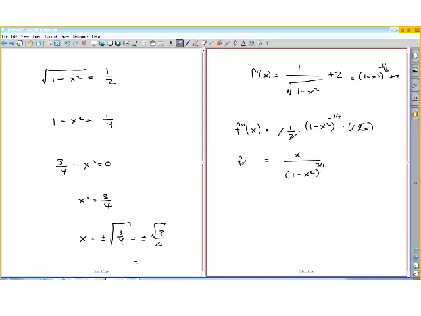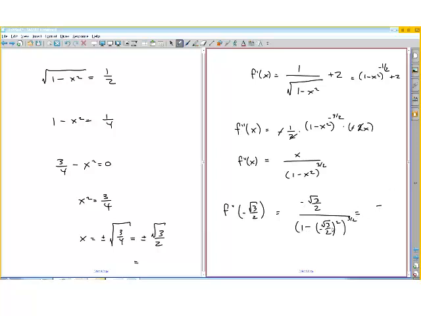So the question is, what is the sign? We don't really need to know what the value is, but what is the sign at negative the square root of 3 over 2? F double prime there. So you'll get negative the square root of 3 over 2 in the numerator, and in the denominator you'll get 1 minus negative the square root of 3 over 2 squared, to the 3/2 power. So obviously the numerator is negative.